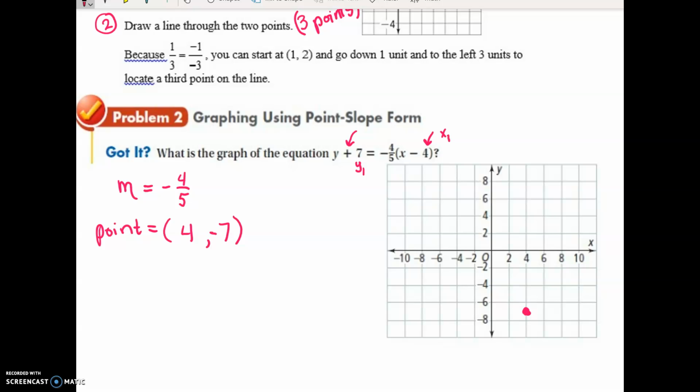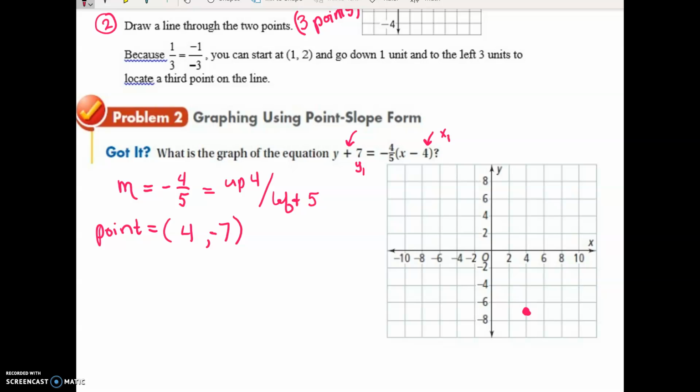So the negative can go with the numerator, or it can go with the denominator. So I want to go up 4. So I'm going to go up 4 first, and then the negative I'm going to carry with the denominator. So that means I'm going to go left 5 units. So that creates that negative relationship.